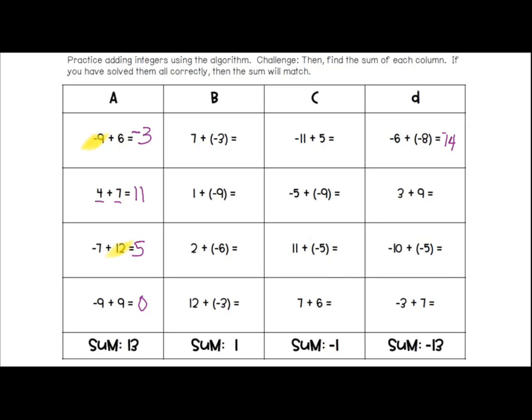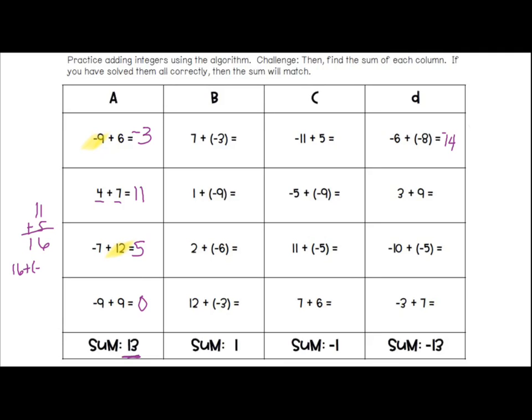Now what I have to do is add the numbers for column A and make sure that it gives me 13. If it gives me 13, then I know that I did this right. So let me start. I'm going to add 11 and 5 together first. 11 and 5 gives me 16. Well, then I've got a negative 3. So 16 plus negative 3. Whoops, not 13, Mrs. Castillo. Let's fix that.